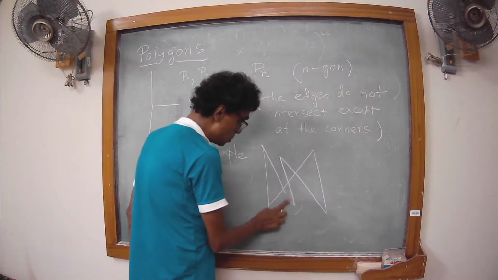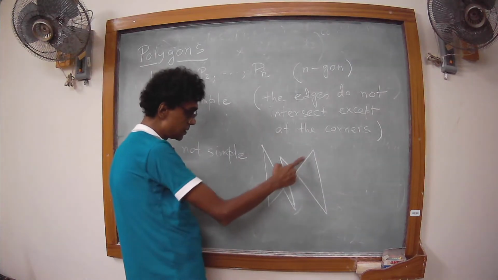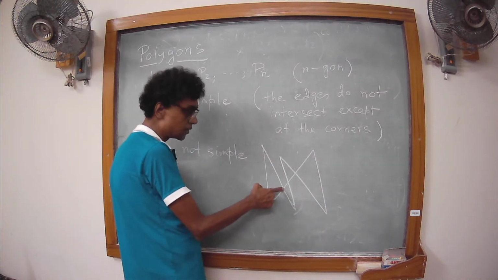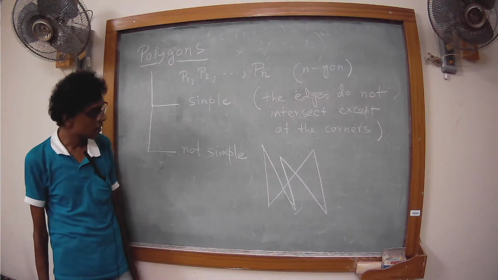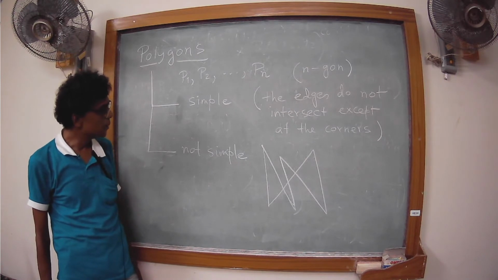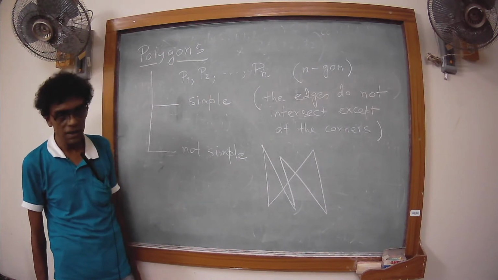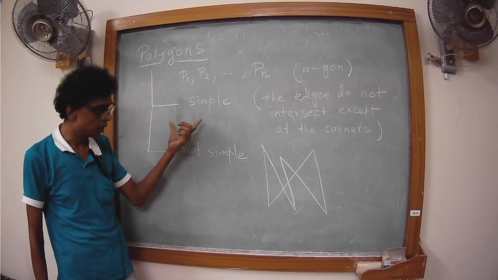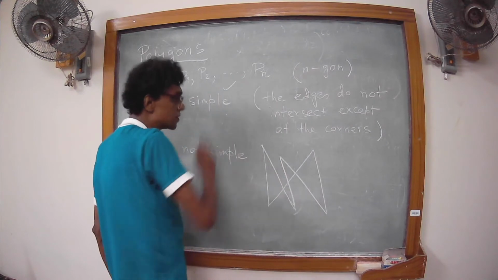So, edges are allowed to intersect. This one and this one intersect, but this intersection point is not a corner. Okay. So, non-simple polygons are usually not things that we will study. We will study only simple polygons. Okay, so this is this.